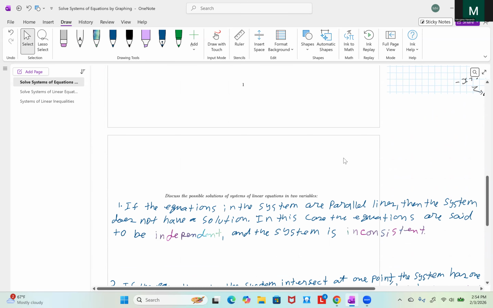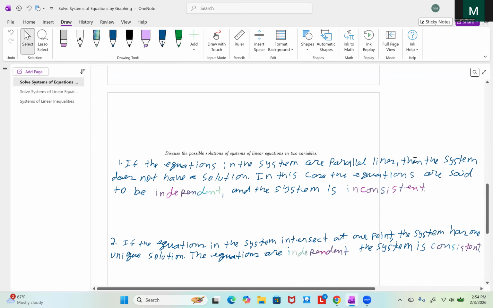Discuss the possible solutions of systems of linear equations in two variables. If the equations in the system are parallel lines, then the system does not have a solution. In this case, the equations are said to be independent and the system is inconsistent.